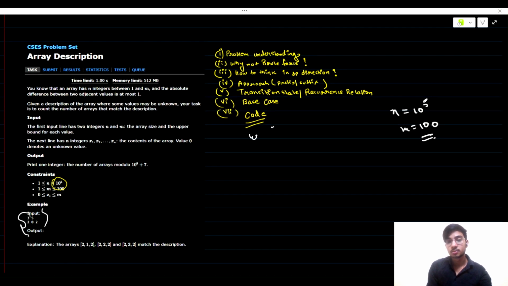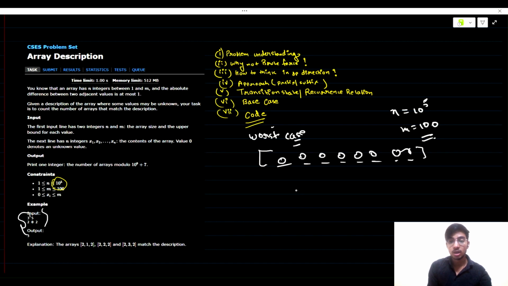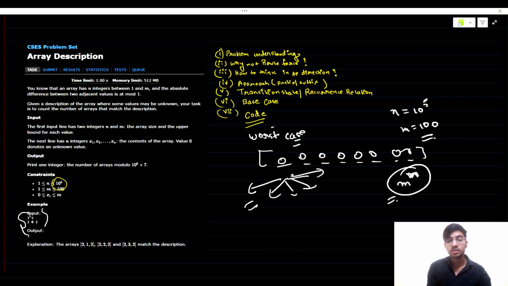In the worst case, you can have n elements with zeros, so you have to try out all possibilities. The time complexity is going to be m raised to the power n, which is a very big, large number. So we are not supposed to do this.